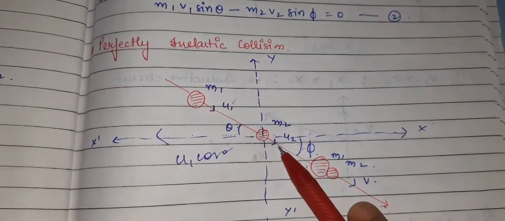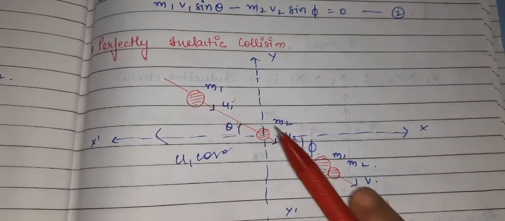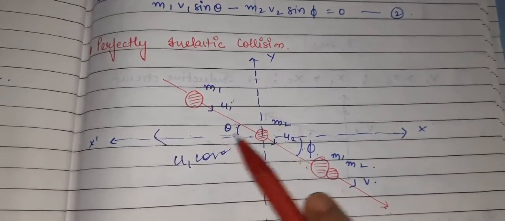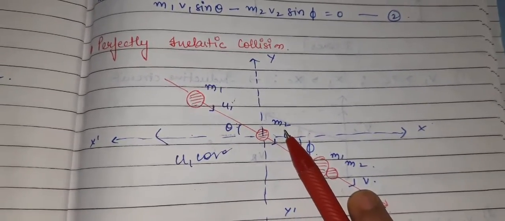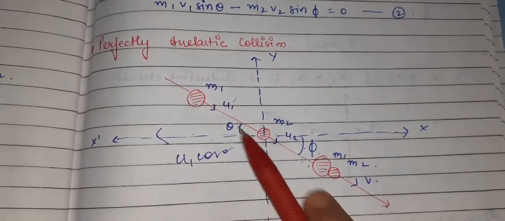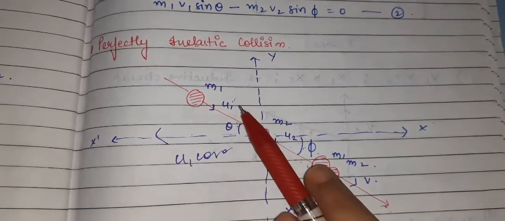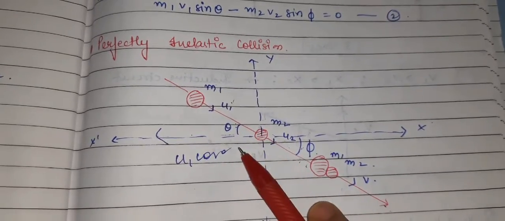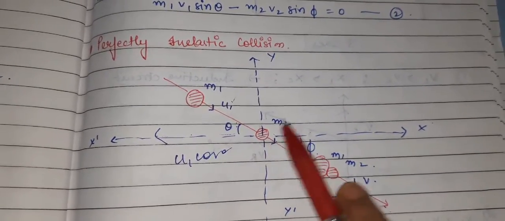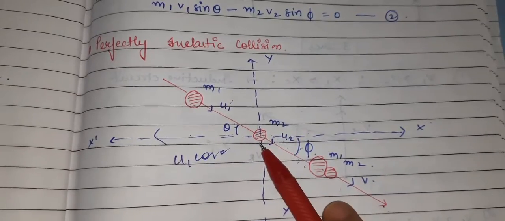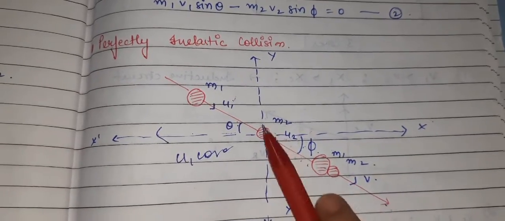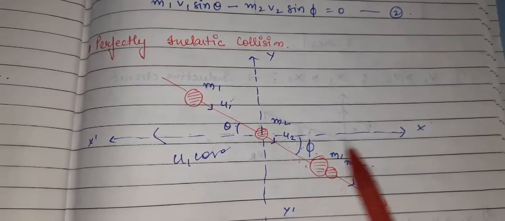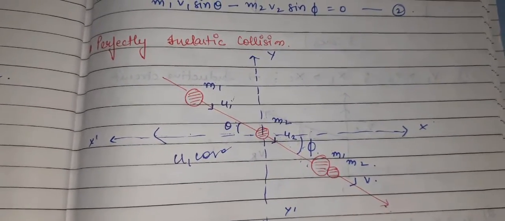The first body must make some angle with the horizontal, the scattering angle theta, and the second object of mass m2 moving with u2 makes the angle phi with the horizontal, that is the angle of recoil.